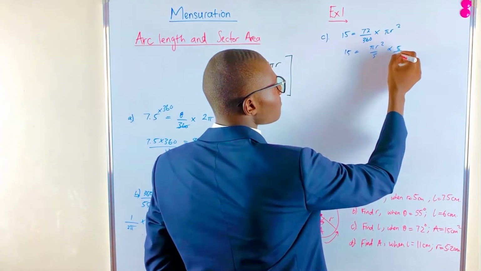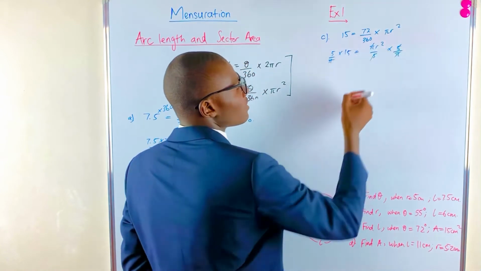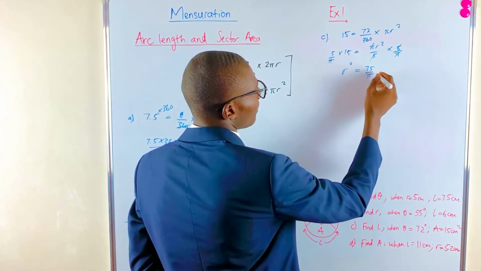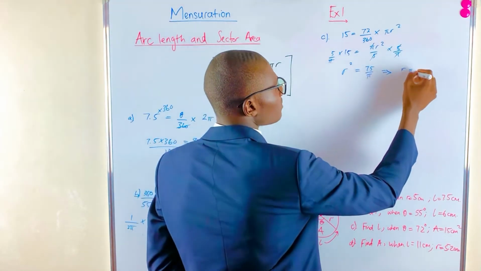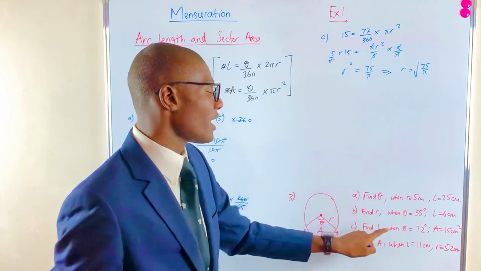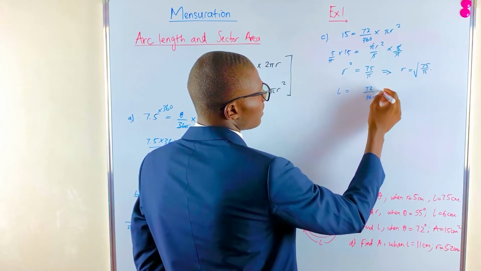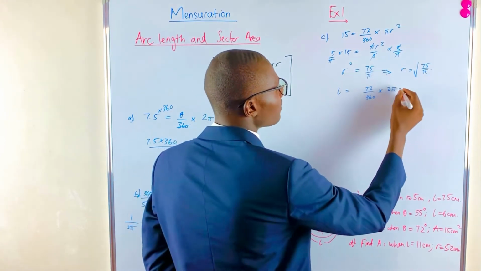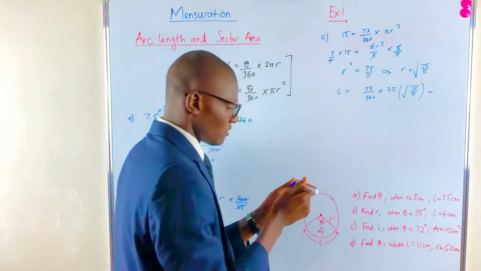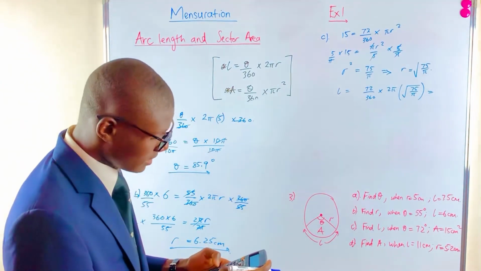So multiplying both sides by 5 over pi, this and this will cancel, then the 5s will cancel, such that r squared is 75 over pi, and it follows that r will be the square root of 75 over pi. Now if we need to calculate L, which is the arc length, we're saying theta, 72 over 360, times 2 pi r, r being the root of 75 over pi.